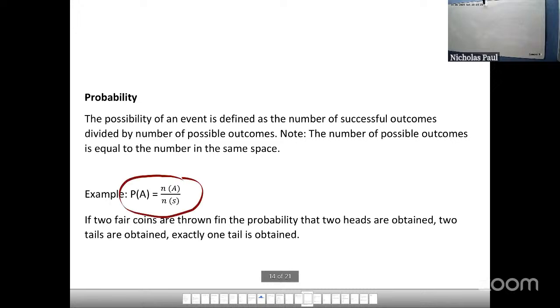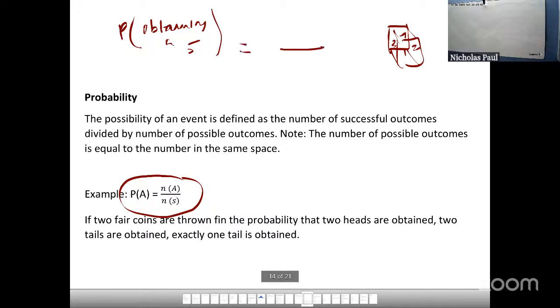So for example, if I give you a die, and the die has 6 options, 1, 2, 3, 4, 5, 6, and I wanted to find the probability of obtaining a 5, again it's a fair die, and a fair die has 6 options. How many 5s does it have? 1. So the probability of obtaining a 5 on a fair die is 1/6.